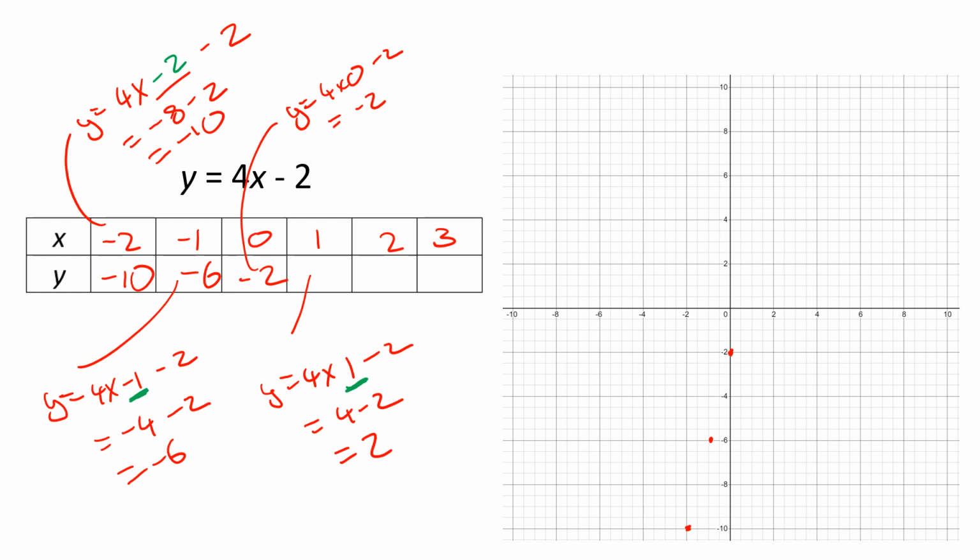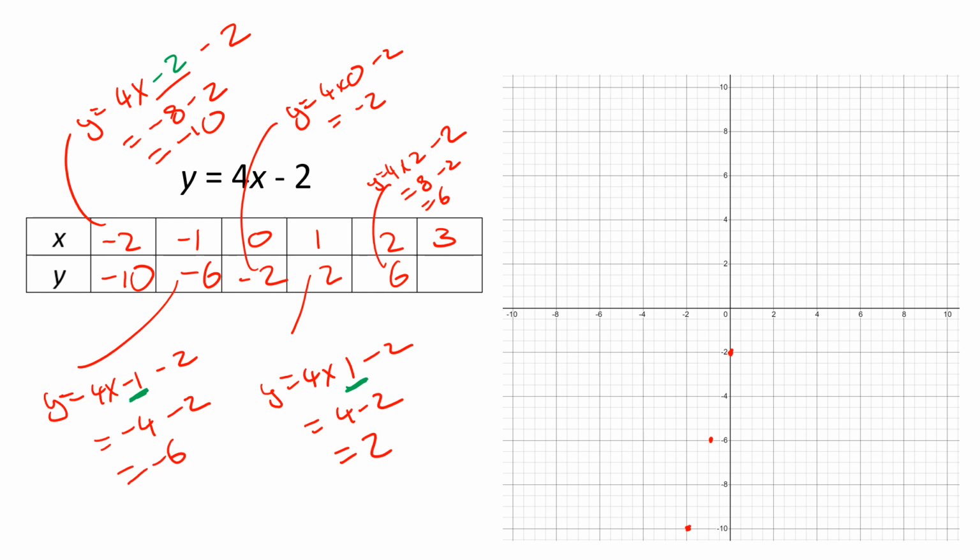Okay, and then my next one here, let's go y equals 4 times 2, -2. Number minus 2. So that's going to be 8 minus 2 equals 6. So, oops, that would be 2 there.